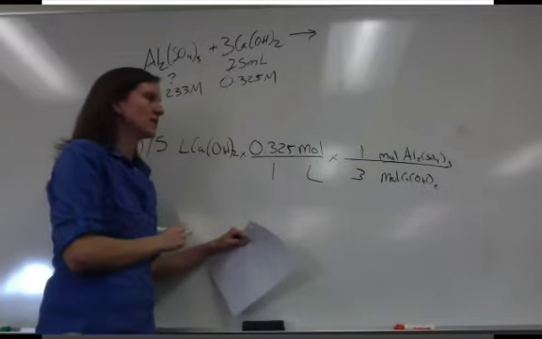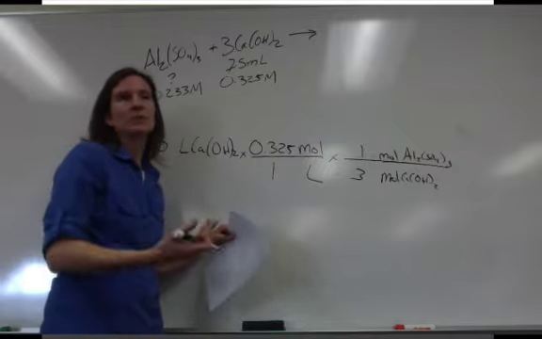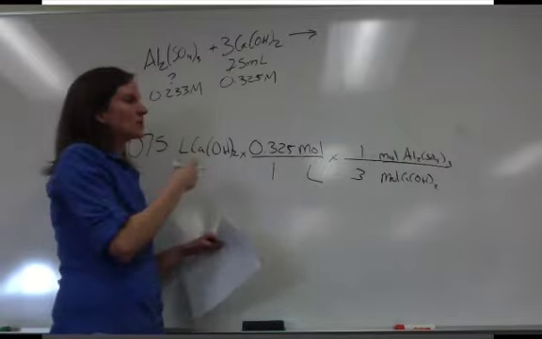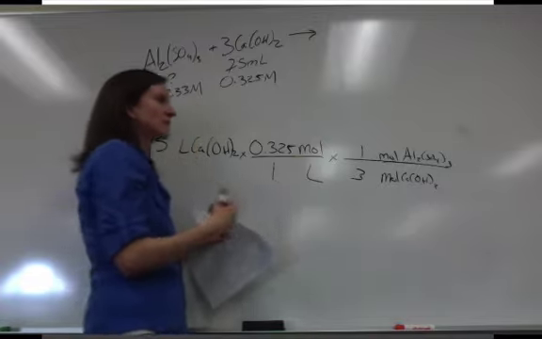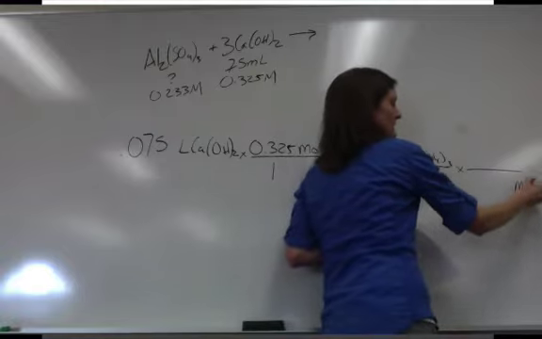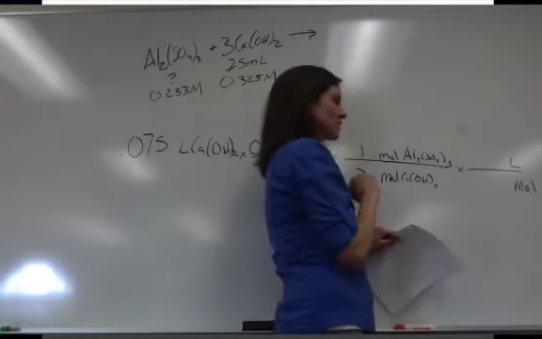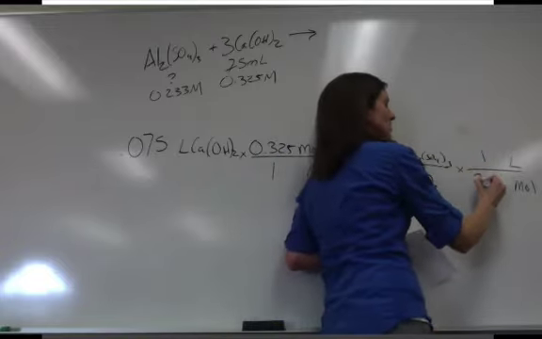That gets me moles of aluminum sulfate, but I don't want moles, I want liters. In the past, we went from moles to grams using molar mass. Now we're going to go from moles to liters using the concentration of the given solution. So our last step is moles per liter of aluminum sulfate. For every 1 liter, the concentration is 0.233.